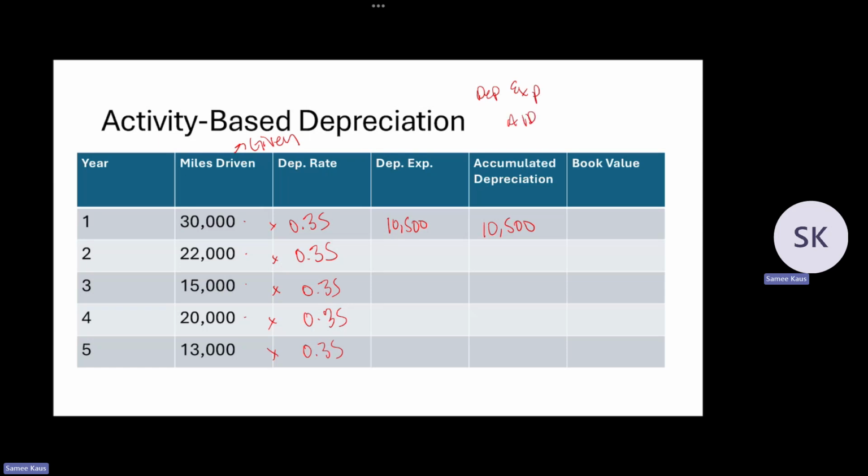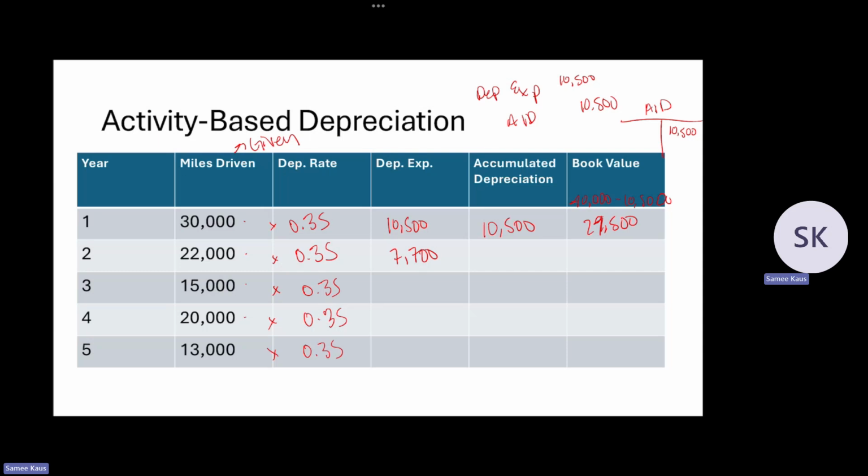So I can book my journal entry for year 1 if I so wanted to get this going. And then I could start my T account over here of my accumulated depreciation, where I've increased it by 10,500. I know that my book value is 40,000 less my accumulated depreciation. So I get a book value of 29,500. In year 2, I take depreciation expense of 7,700.